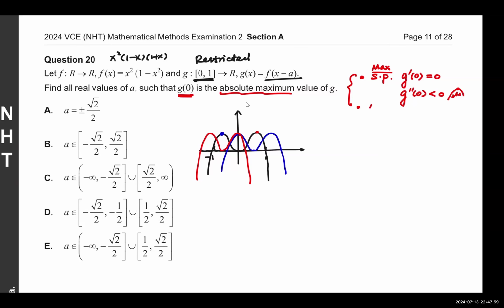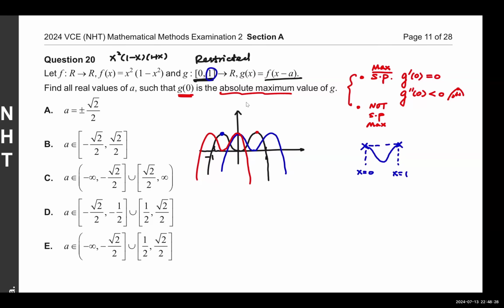If it's not a stationary point, but it's a maximum, think about the shape of the graph. Let's say this is x equals 0 and this is x equals 1, you could have the two maximums level with each other.